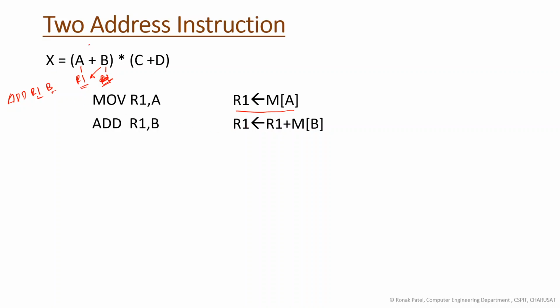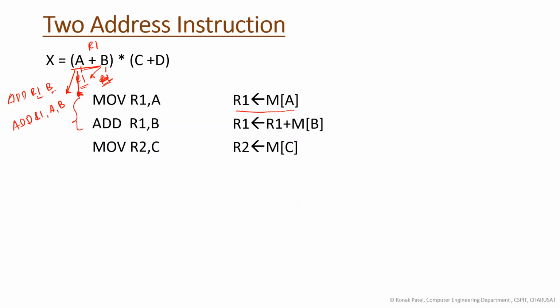In the previous case, for this we just wrote add R1 comma A comma B. Now for this operation, three address can be written like this, and for two address you can see two instructions instead of one.